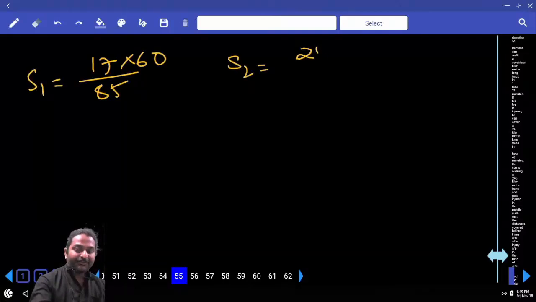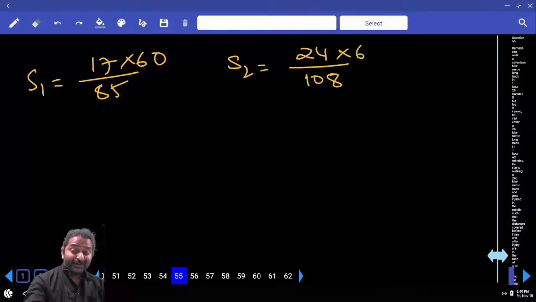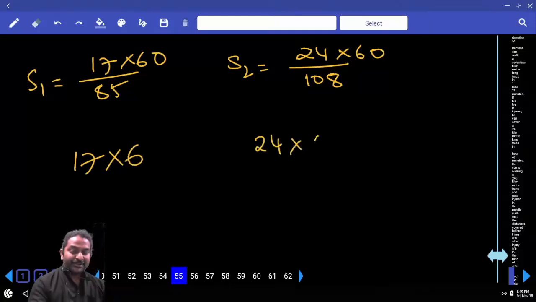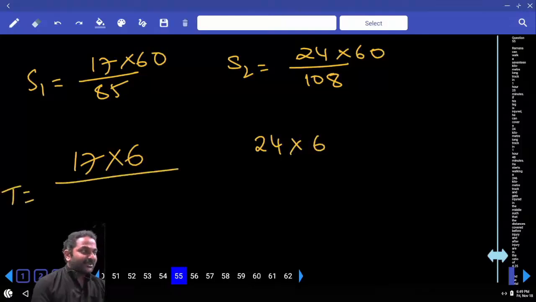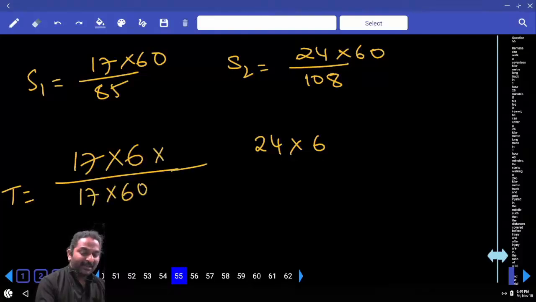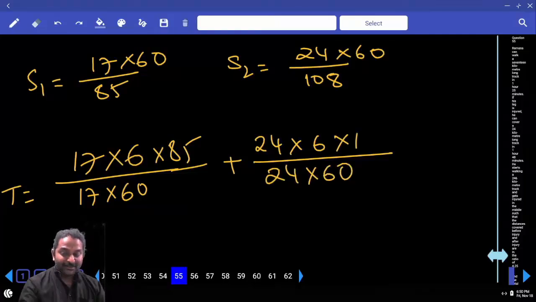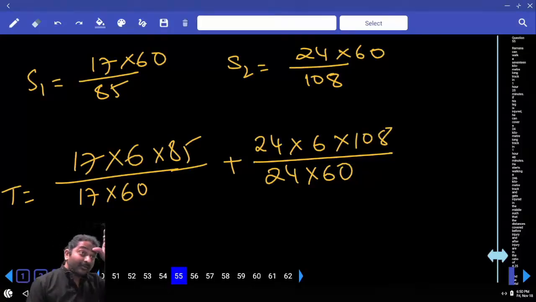Speed in the second case, 24 kilometers in 108 minutes. Distance covered in the first case, 17 into 6, 24 into 6. We were asked to calculate time, which is distance by speed. Distance in the second case by speed in the second case. You need to solve and get the answer. Followed?